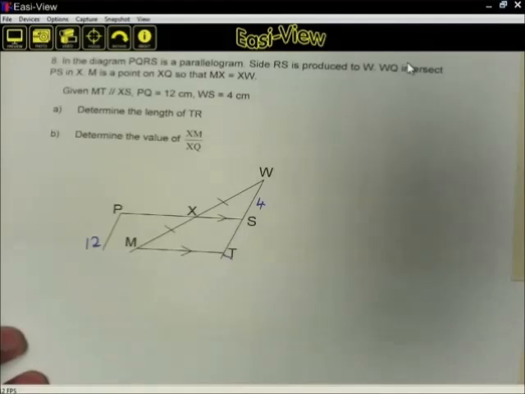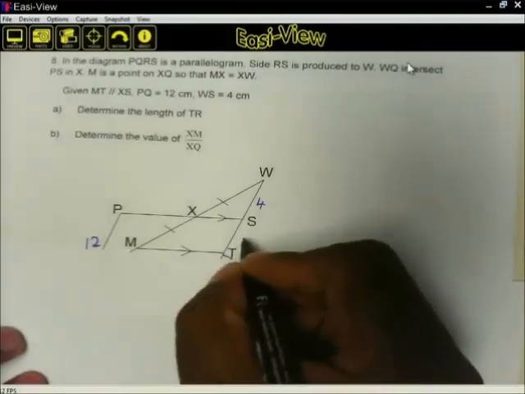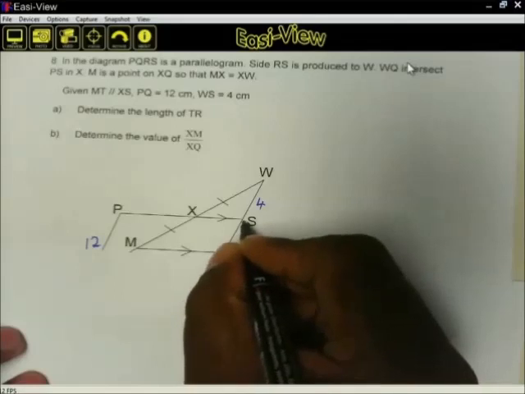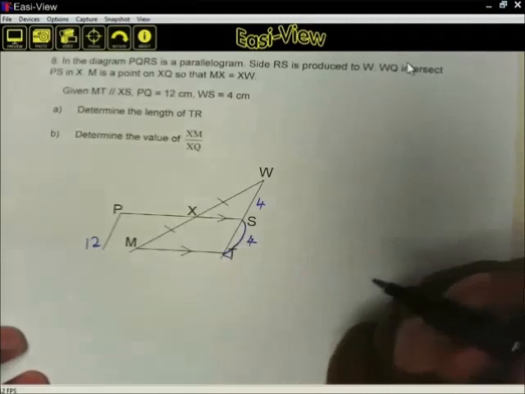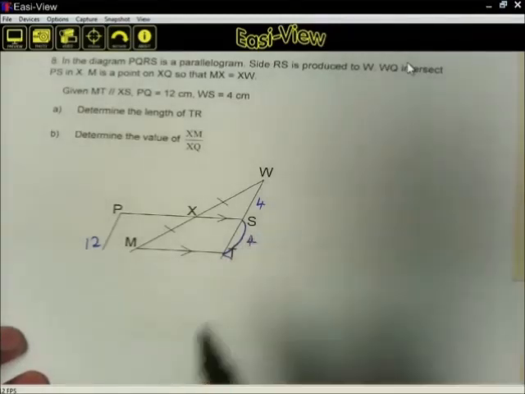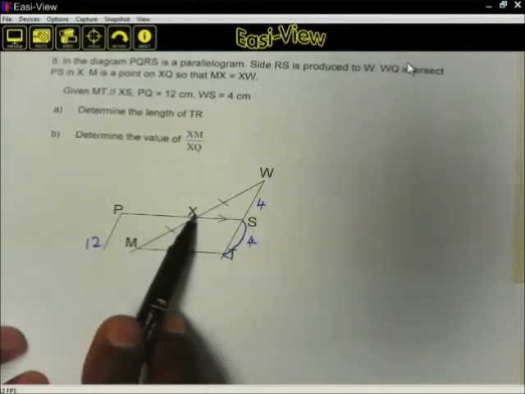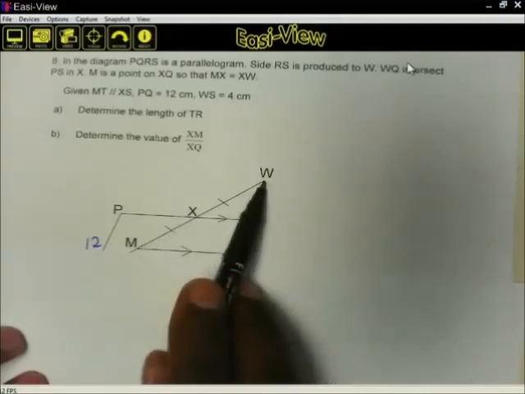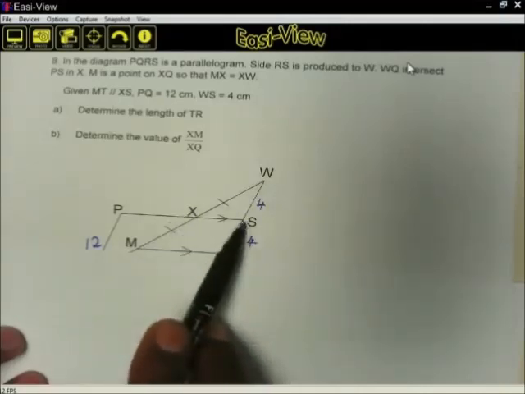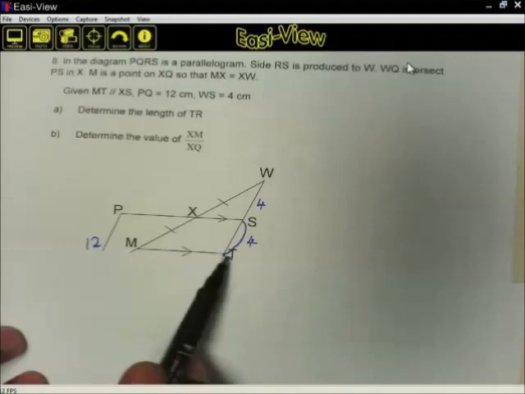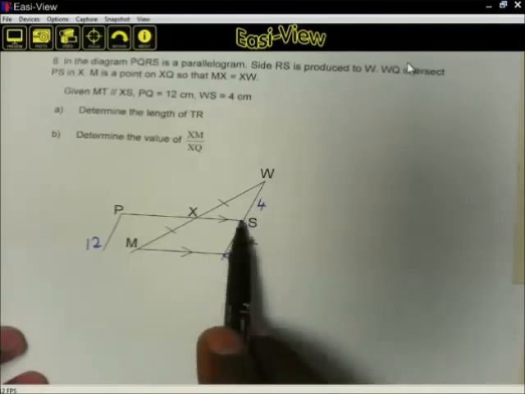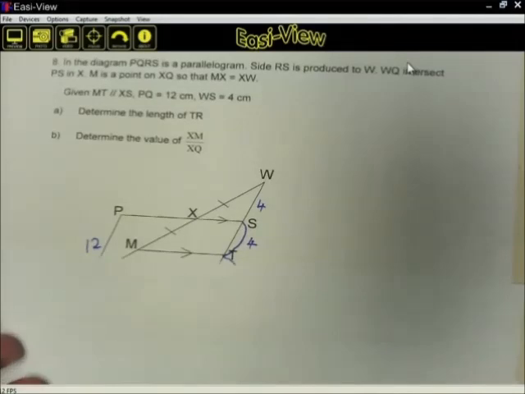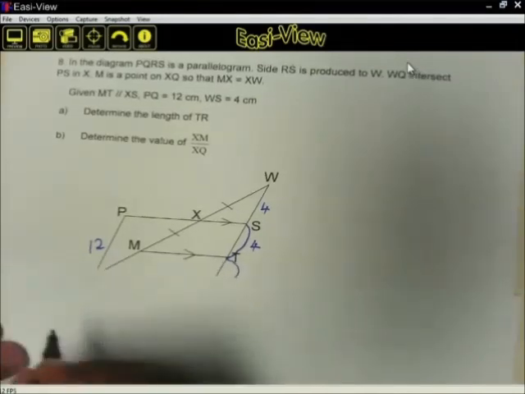Therefore ST will also be equal to 4. If X is the midpoint of MW and XS is parallel to MT, therefore WS is also equal to ST.